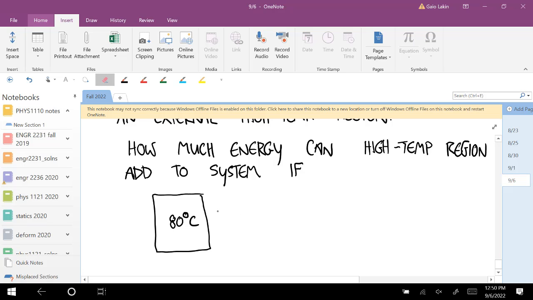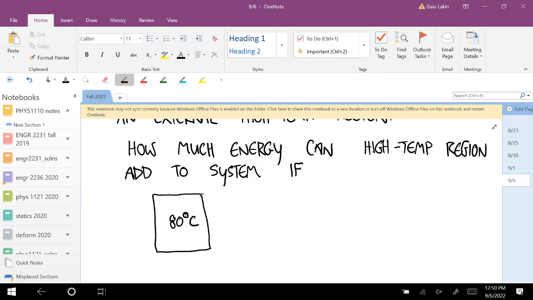Think about it like this: this one's 81 degrees, okay? And the system is 80 degrees. If there's no phase change happening at 80 degrees for the system, you get a little heat energy from the outside to the system, and the system goes up to 81 degrees, and that's the end of any energy transfer, okay? So how much energy can you put in? Basically none.